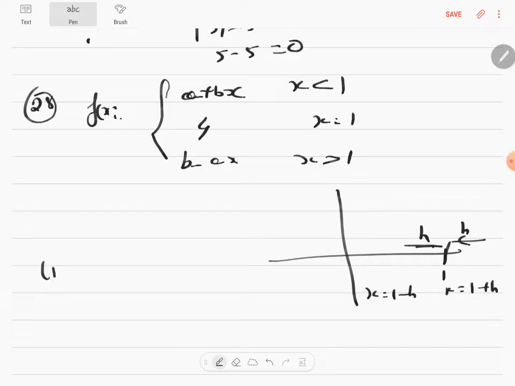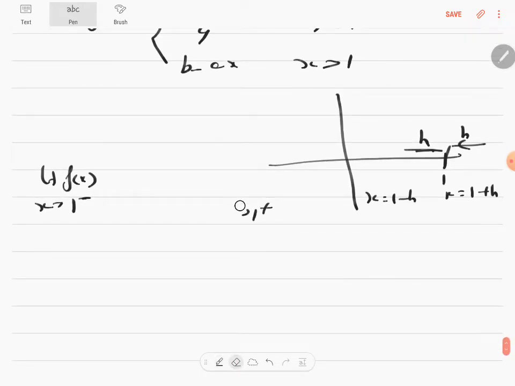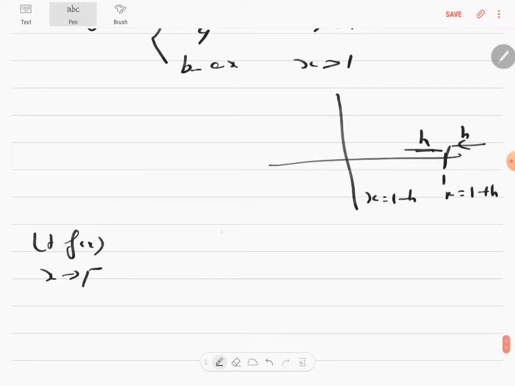So limit of f of x as x tends to 1 from the left and limit of f of x as x tends to 1 from the right. I am going to tell you something new. Left hand limit, limit of f of x as x tends to 1 from the left, should be equal to limit of f of x as x tends to 1 from the right, if the limit exists. Left limit should be equal to right limit.